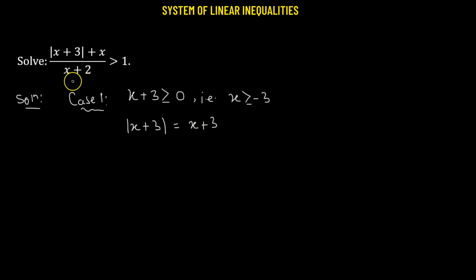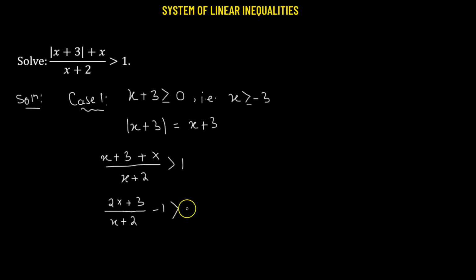That means we can rewrite our linear inequality as x plus 3 plus x divided by x plus 2 greater than 1, which is 2x plus 3 divided by x plus 2. So we'll transpose 1 to the left hand side. So we have minus 1. This is greater than 0. Now we'll combine the two terms.